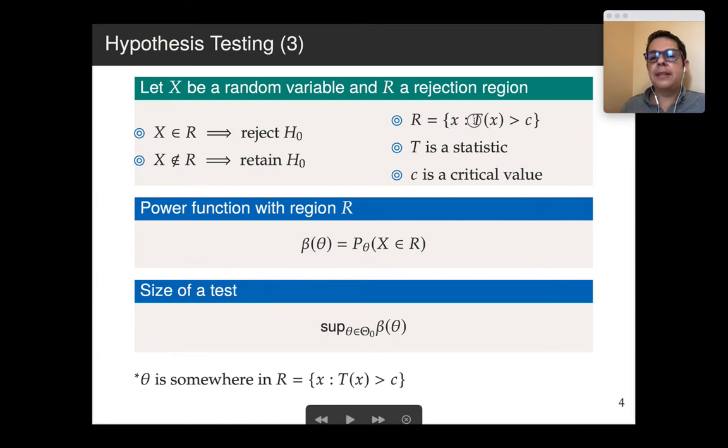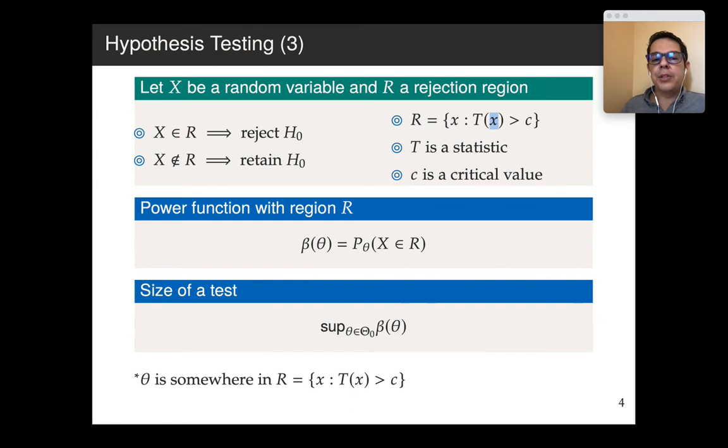We test all these values with the statistic T, and if the output of the statistic T on the particular value x is greater than c, then it belongs to the rejection region R.